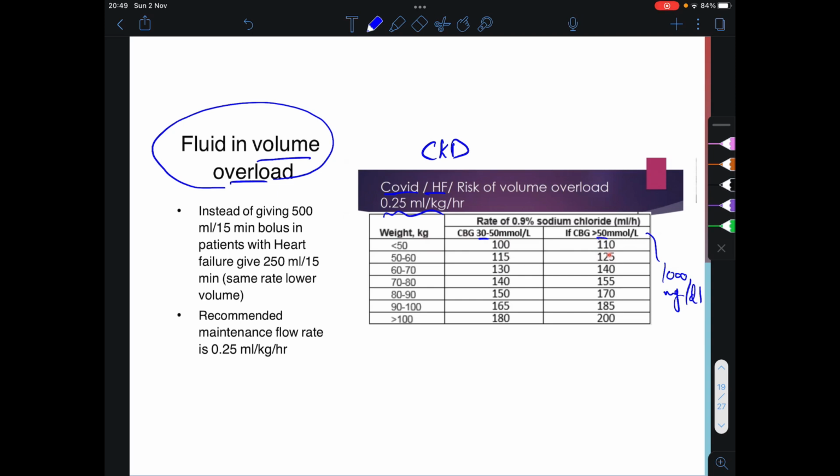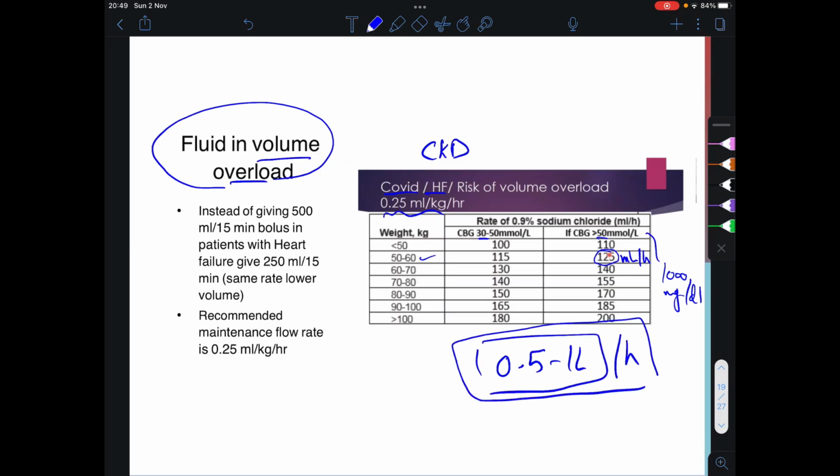You see that, for example, for a 60 kg patient, you give about 125 milliliters per hour. Usually, in patients who don't have risk of volume overload, we give about 0.5 to 1 liter per hour, and that's how much we started on 0.9% normal saline when we talked about fluid therapy.